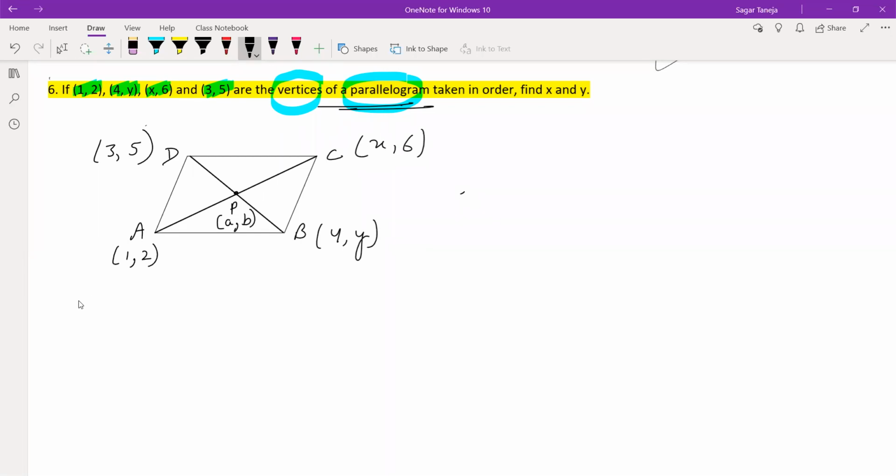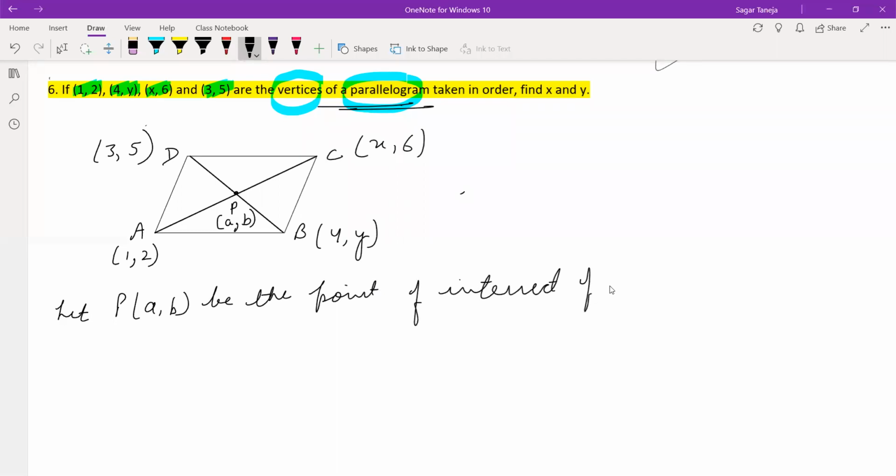How to see? Let P(a, b) be the point of intersection of diagonals. So diagonals are intersecting at point P where the coordinates are (a, b).